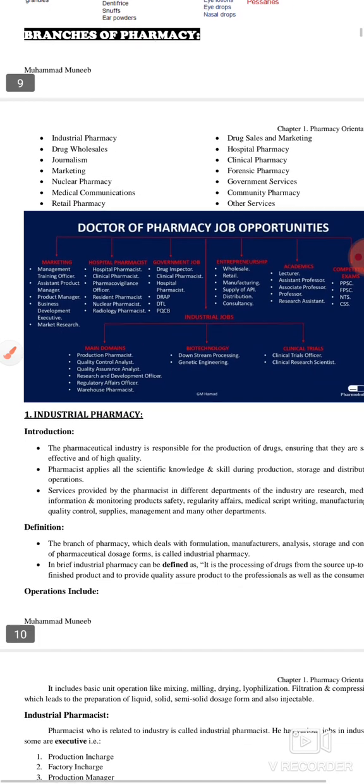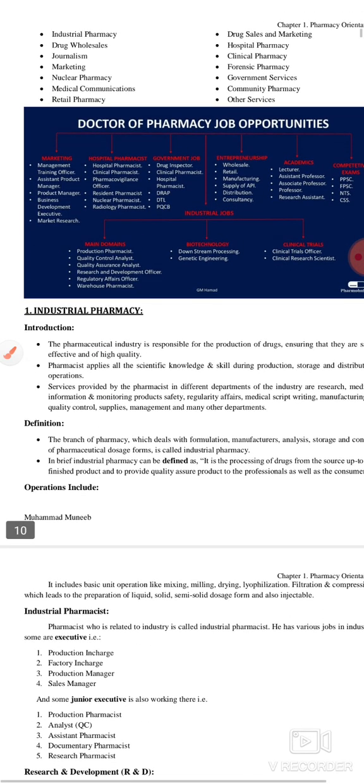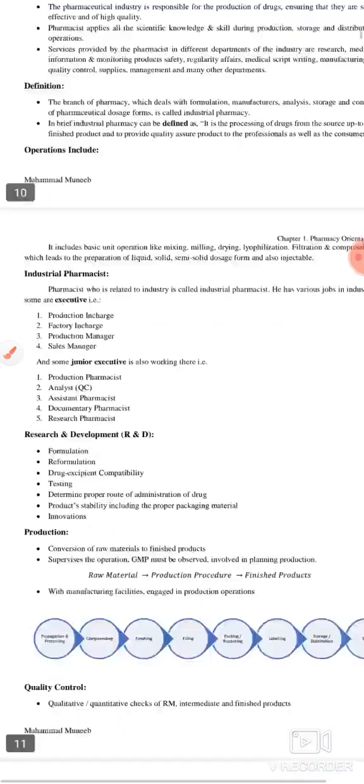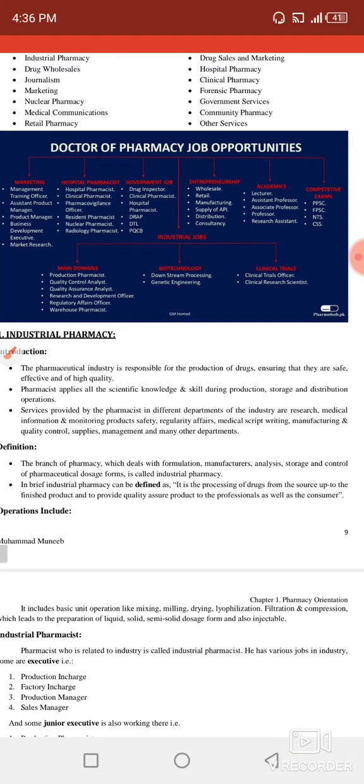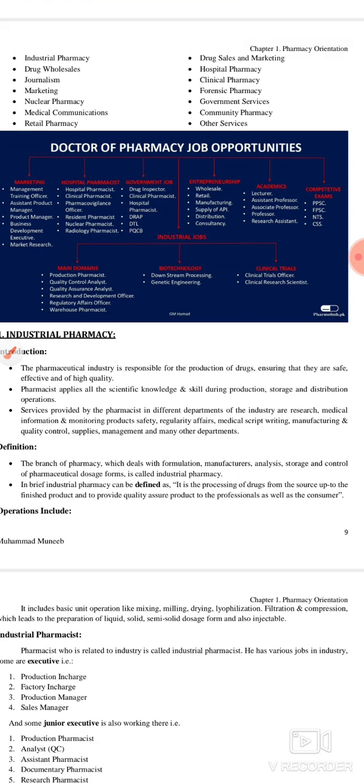Now let's see about industrial pharmacy, because industrial pharmacy has other branches and departments in which you can get a job. The pharmaceutical industry is responsible for the production of drugs and for ensuring that they are safe, highly effective and of high quality.